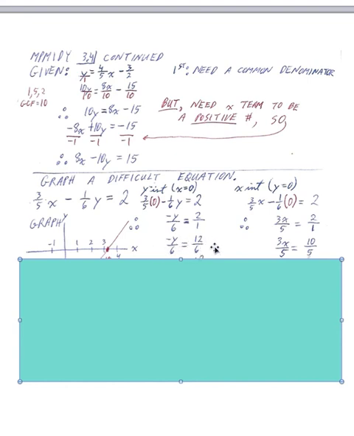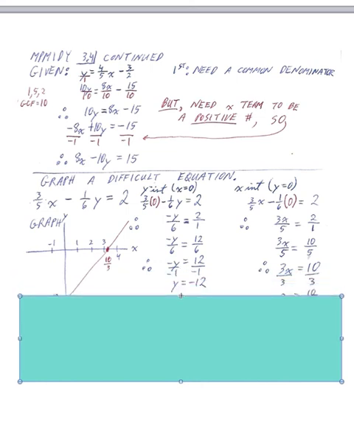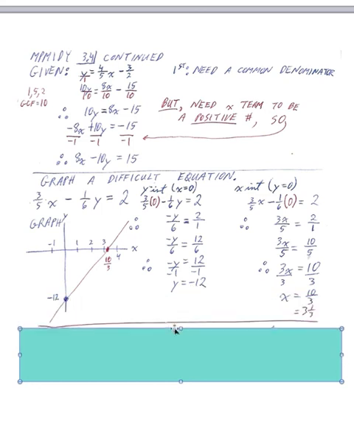Since both denominators are on the same floor, effectively, I've got negative y equals 12, but I don't want negative y, I want 1y. So I'm going to divide both sides by negative 1, hence my y-intercept is negative 12. If I just drop this a little bit more, you'll see there's my y-intercept, negative 12.